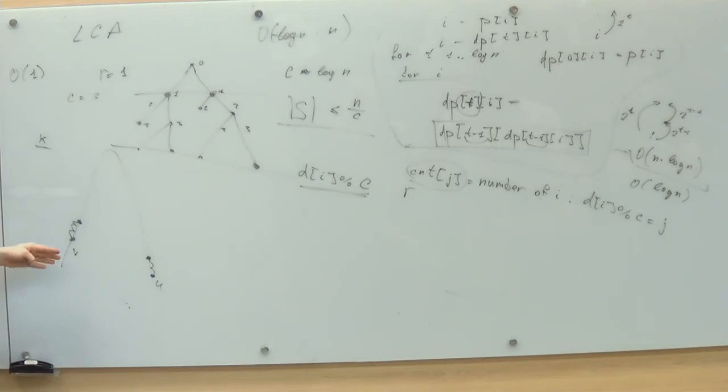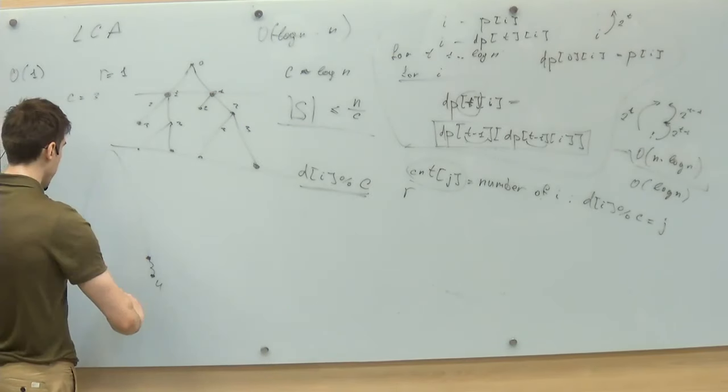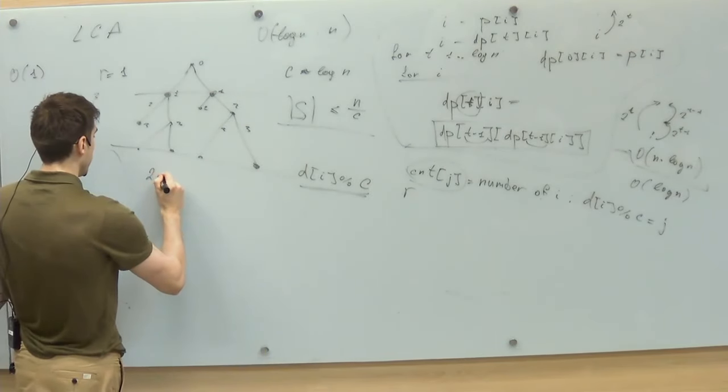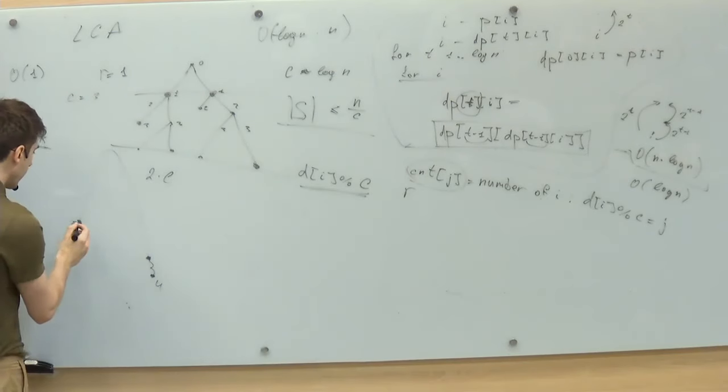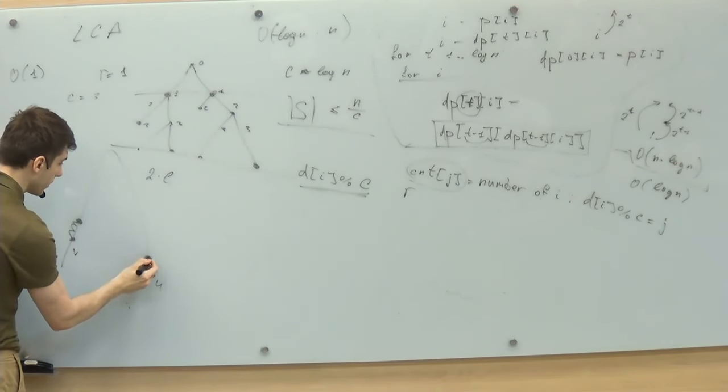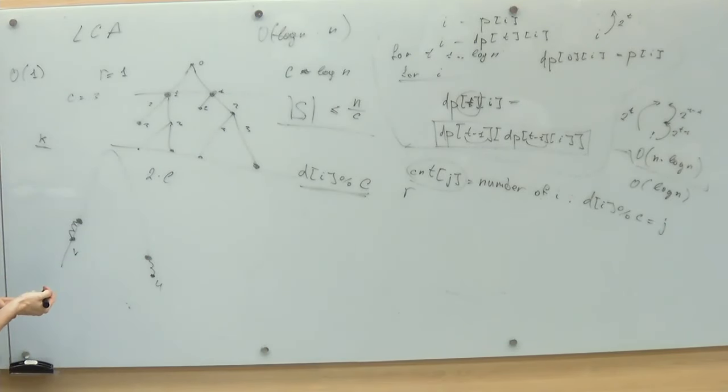To do this, we'll spend not more than c time for each of them. Right? So here we spend c, and here c. And now we are standing at the special vertices.